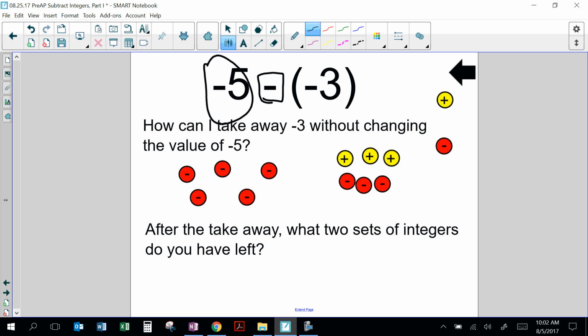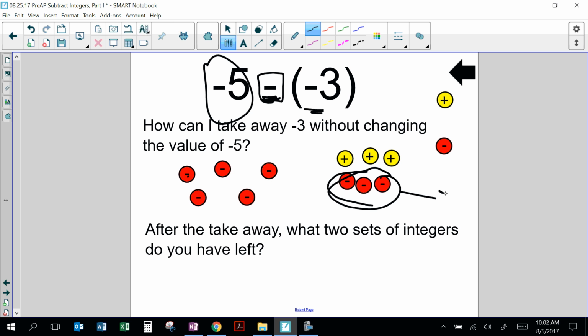So first of all, does this change the value? -1, -2, -3, -4, -5. These are 0 pairs, so those cancel out. So we still have the value of -5. Now from this picture, can I now take away -3? I can take away these -3.